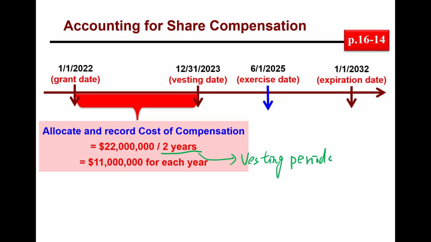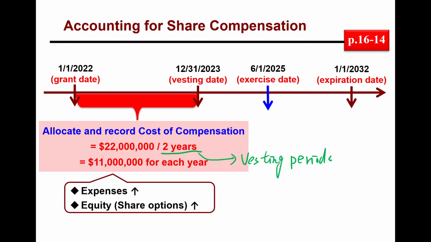Okay. For the $11 million each year, you ask the employees to do something, so they will make your expenses incurred. Also, the share options, the equity, the right is incurred, right? Because they work for you for 1 year, they got the right for 1 year.